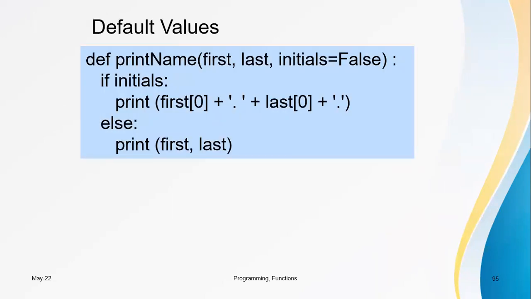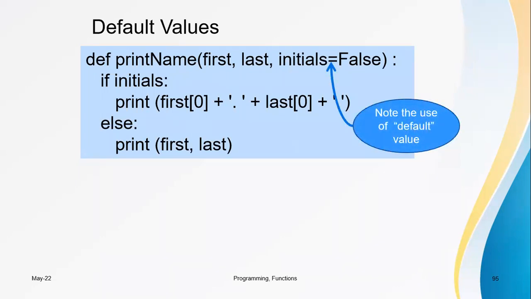For example, here, first, last, by default, I'm saying initial is false. Now, if initials, print first letter plus last letter, else first and last. Listen to me here. Already a default is there. What is that? Initial is false. That's my default case. Note the use of the default value.